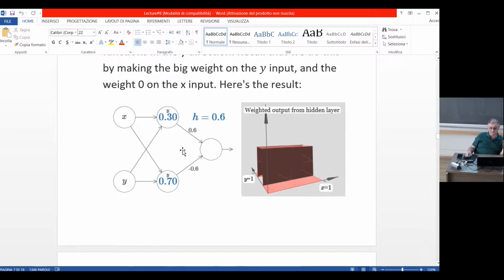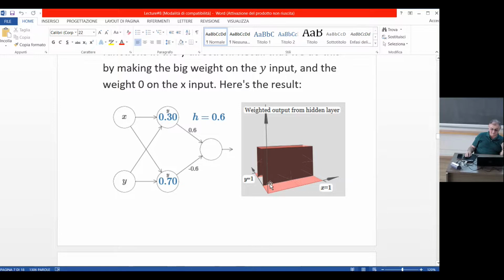And also the height is 0.6, so we should prescribe from the first hidden and from the second hidden neuron the weights 0.6 and minus 0.6. So we begin from 0.